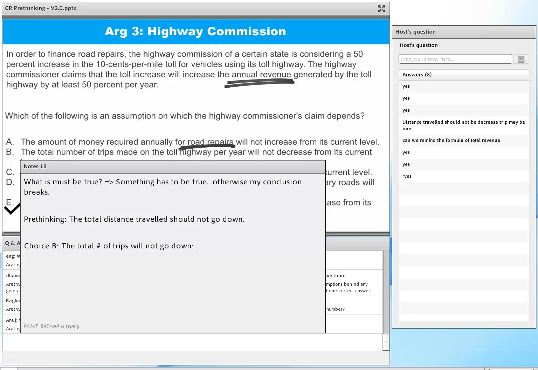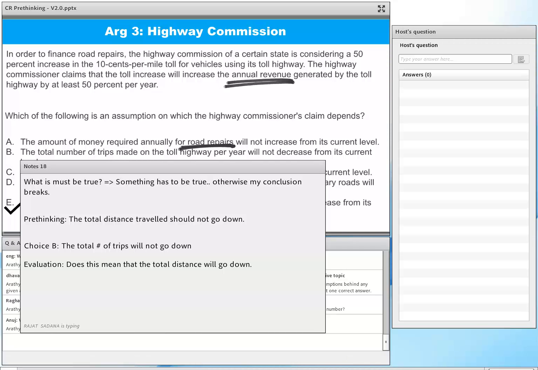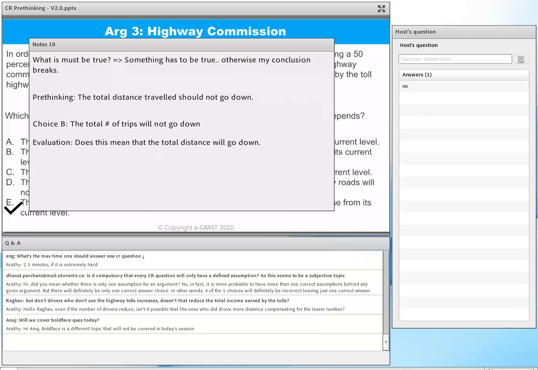Now, when you evaluate choice B, does this mean that the total distance will go down? Yes or no? The answer is no. Why?